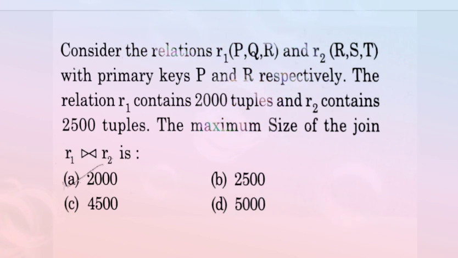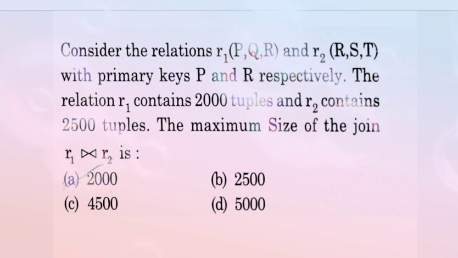Now next question. Consider the relation R1 having elements P, Q, R and R2 having elements R, S, T with primary keys P and R respectively. The relation R1 contains 2000 tuples and R2 contains 2500 tuples. What is the maximum size of the join R1 natural join R2?